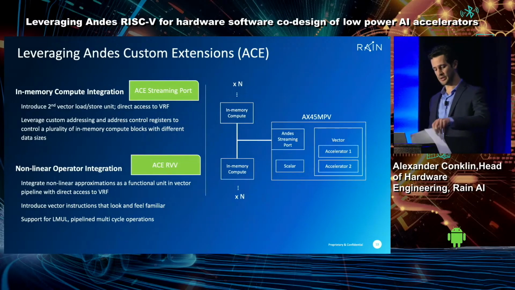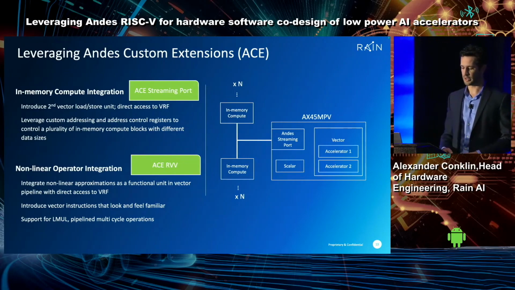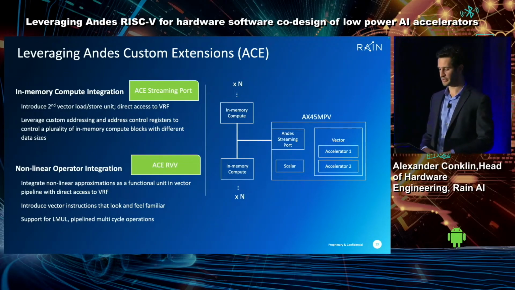To be concrete, we make the decision to integrate our accelerator blocks into the core and tie them closely to the vector unit. We use custom RVV extensions, particularly with ACE, to develop rich instructions to control these blocks. And these instructions look really nice. There's something familiar with them.